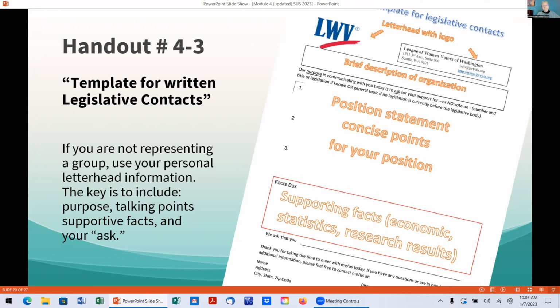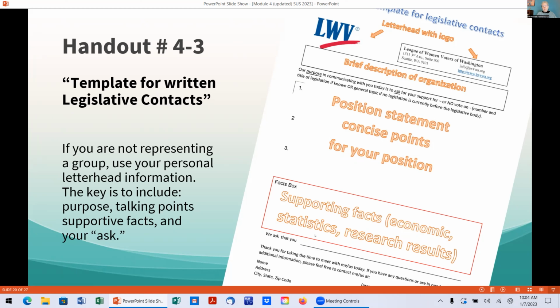This template is an example of how you can do that in a 1-page document. It has a space for you to provide your personal information, a brief description of your organization if you're representing one, and to describe your purpose and ask, what those position statements or your story is.